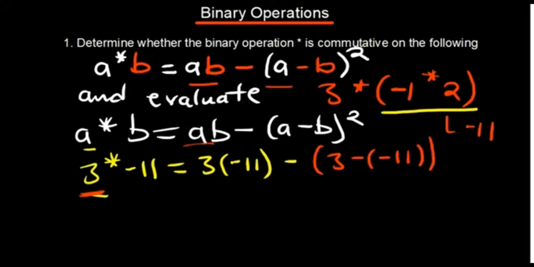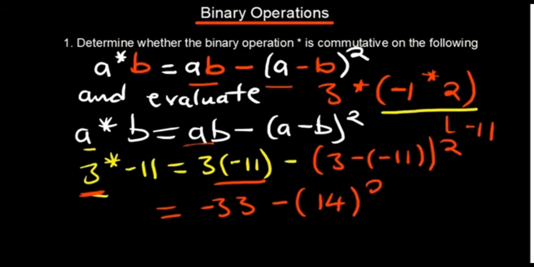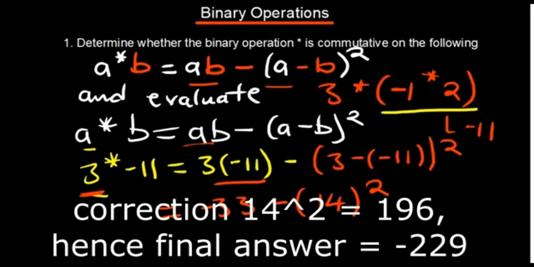This is supposed to be squared. So 3 by negative 11, we have negative 33. Then in the brackets we have minus, 3 minus negative 11 is going to be 14. So 14 to the power 2. No need of a calculator, 14 by 14 we know it's 196.